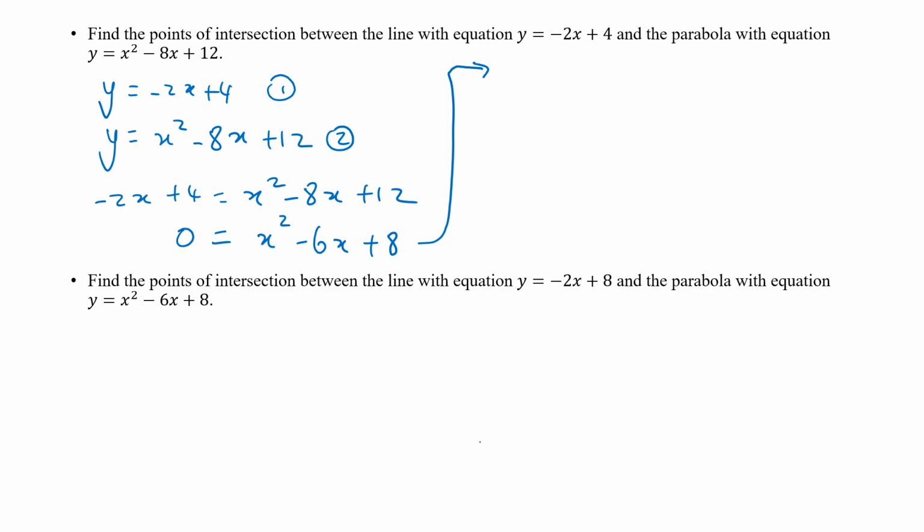So then, I'm not going to bore you with all the details. When you solve it, you should get x equals to 2 and 4. Now, once you've figured out your two values, what do you need to make sure that you do?